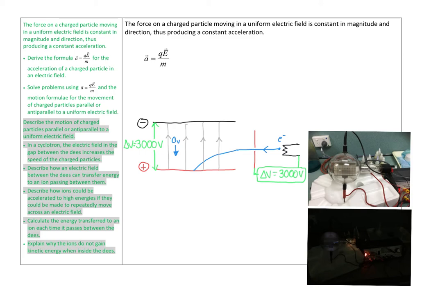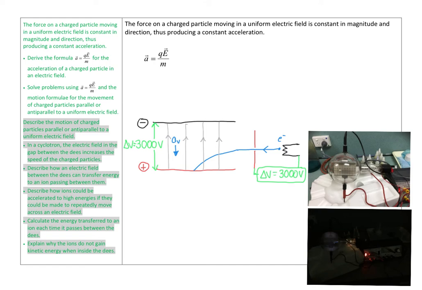So the formula, which you are given on your formula sheet, but we do need to know how to derive, for the acceleration of a charged object in an electric field with a certain mass is given by this formula. And to derive this formula, it is fairly straightforward.